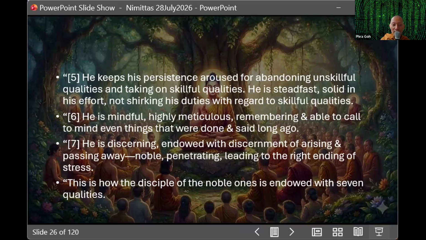So that's the 7 qualities. Without the 7, it's a bit hard to guard the senses, or to detach from the contact to the senses, which are the Nimittas in this case. This is how the disciple of the noble ones is endowed with 7 qualities.